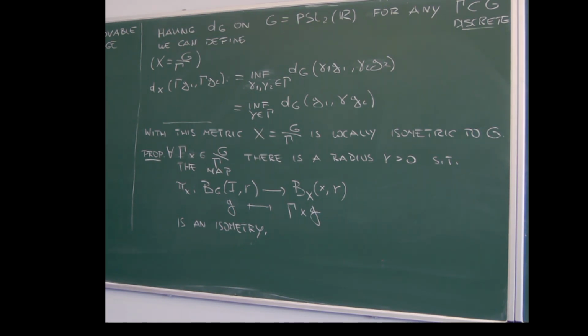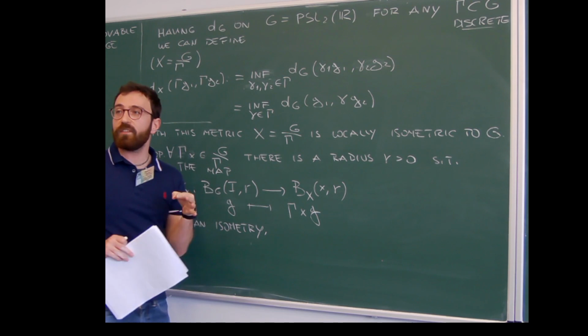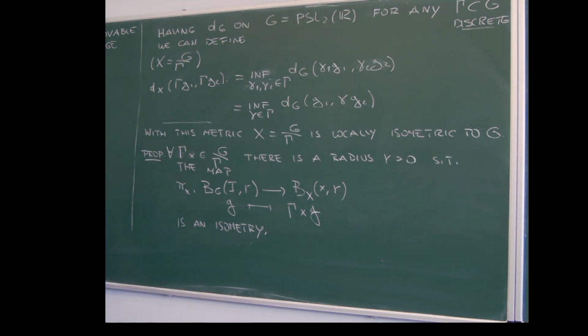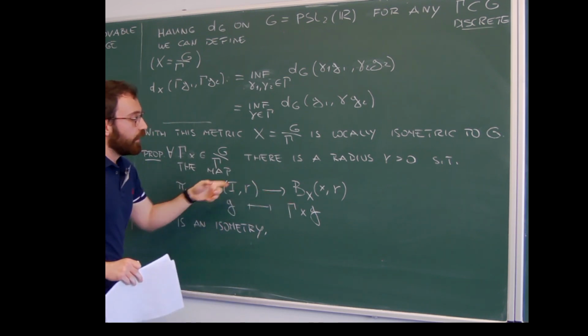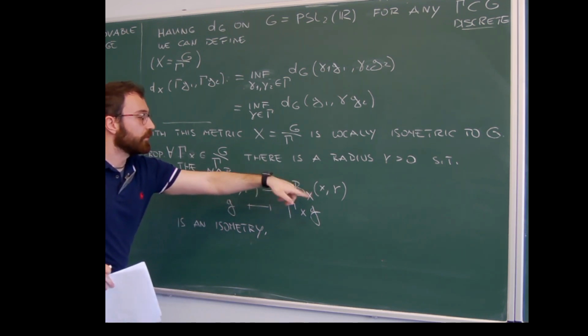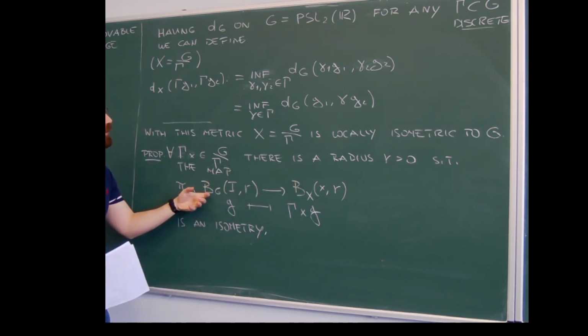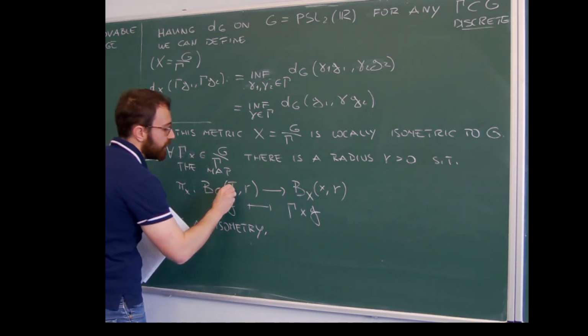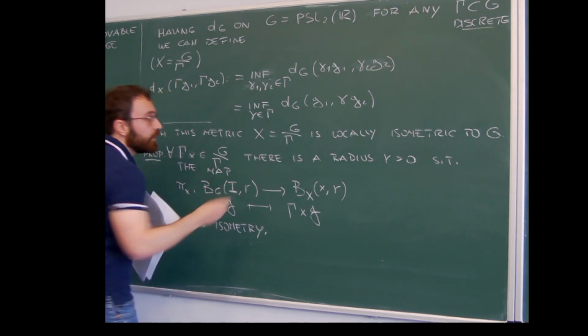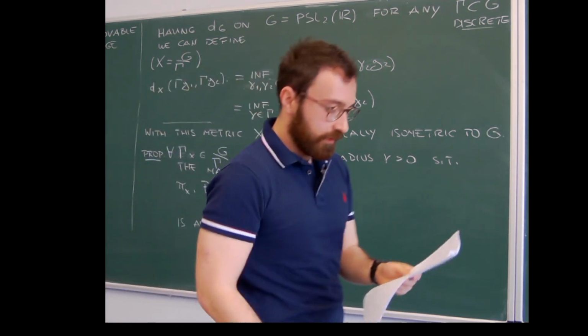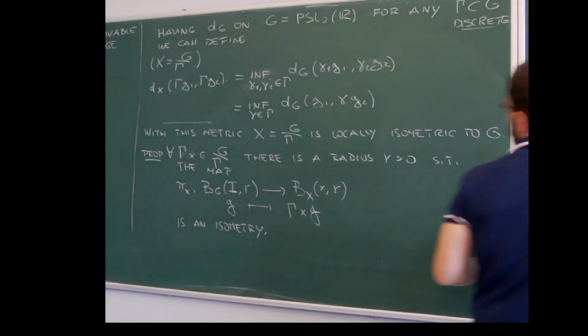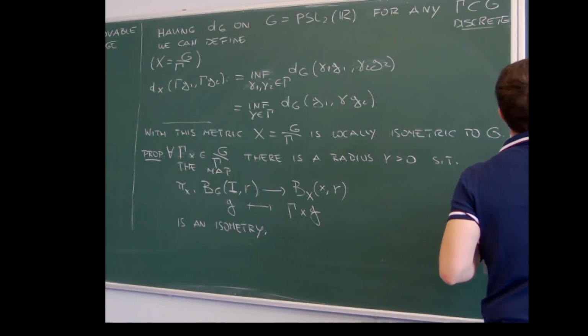Okay, so this tells you that if you pick any point in your quotient G mod gamma, there is a small disk around that point, and how small will depend on the point itself, such that the ball around that point of radius R is the same as the ball around the identity in G. Okay? And the proof of this is essentially very easy. So let me write it here.